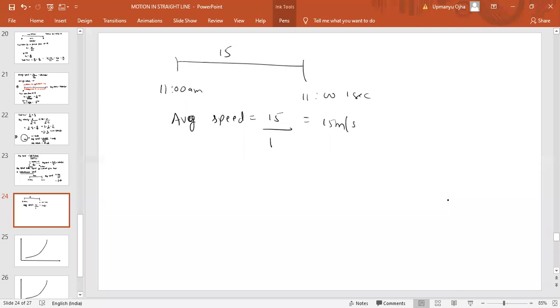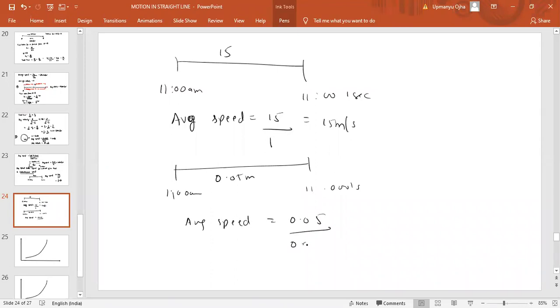Now if I keep on reducing the time interval, like from 11 a.m. to say 11 a.m. 0.001 second, in that particular time interval, the distance traveled was 0.05 meter. Then what would have been the average speed? 0.05 by time taken, that is 0.001 seconds. That will come as 50 meter per second.